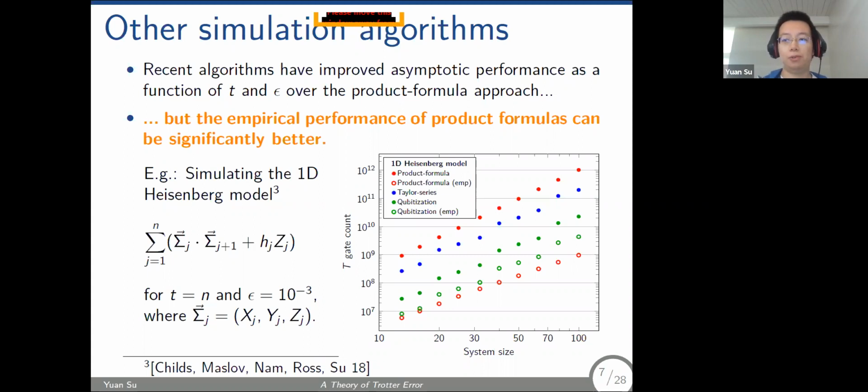But on the other hand, if you do the numerical simulation, you try to find out the empirical performance, the actual performance, then actually product formula becomes the best one to use. It has the least gate complexity. So there's a significant gap between what we can prove for the product formula and what's the actual performance. And this is something that we would like to try to understand in this talk, like how to close this big gap.